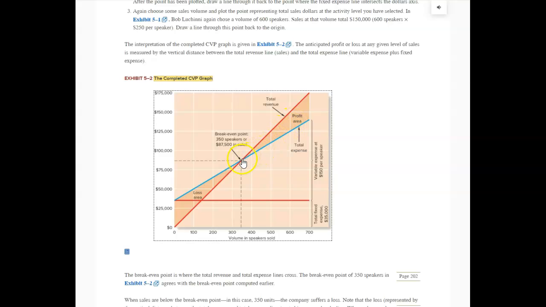And so the further we get past the break-even point in number of units sold, our profits are larger and larger. So make sure you know each area in this graph, each line in this graph. So once again, fixed cost line, total cost line, total revenue line, loss area, break-even point, profit area.